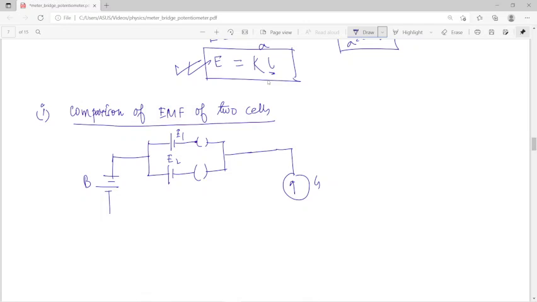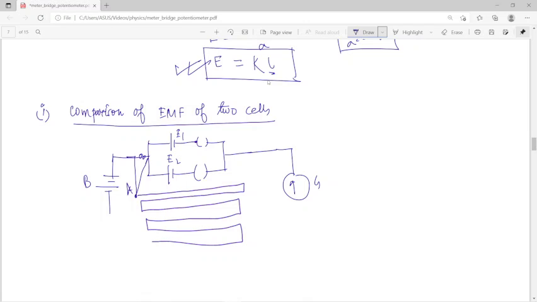This point A will be connected to the wire AD, which is connected to the resistance.